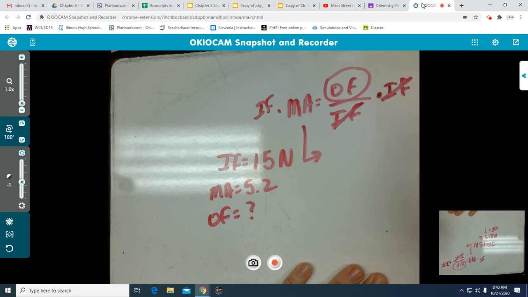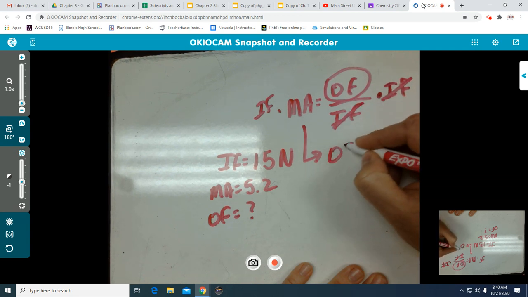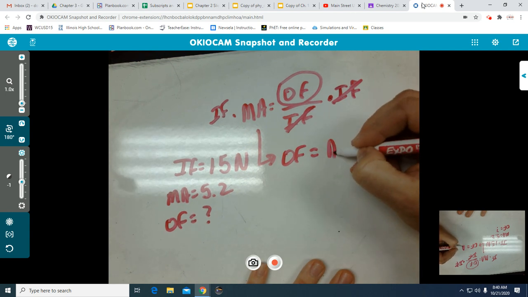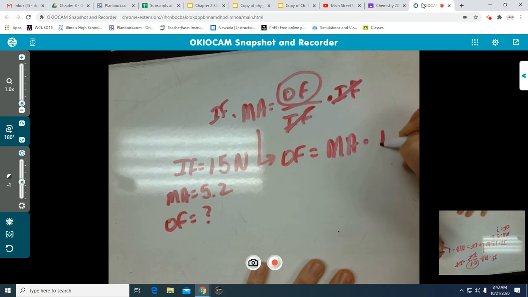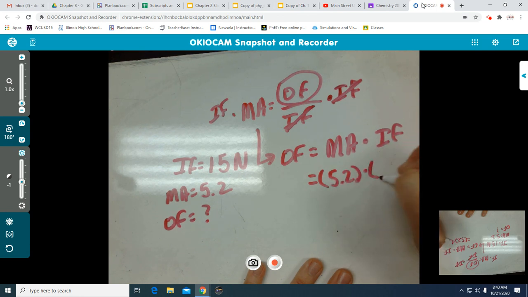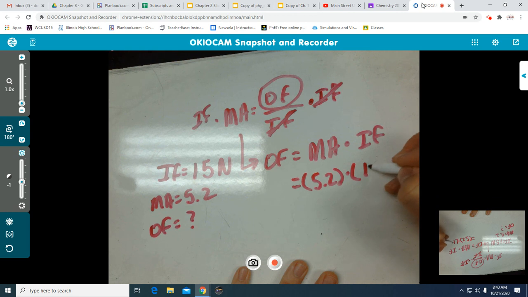That'll cancel those out. And I'm going to get a formula that's going to now look like the output force is equal to mechanical advantage times input force. And now I can go ahead and plug in my numbers. Mechanical advantage is 5.2 multiplied by my input force of 15 newtons.